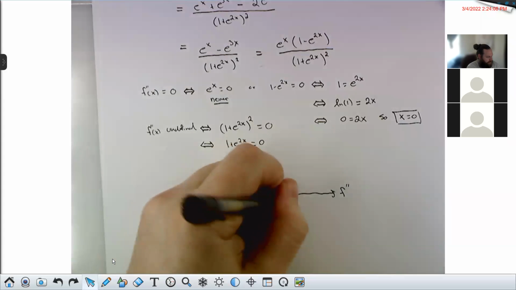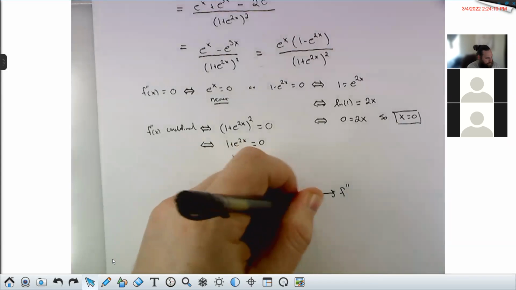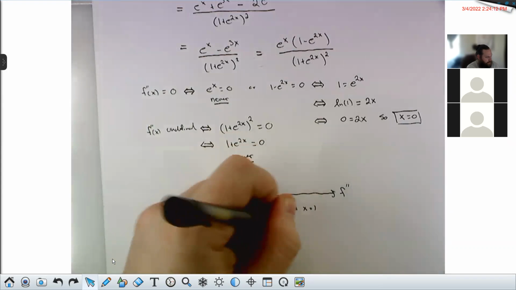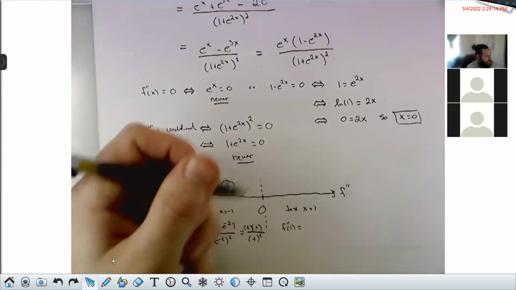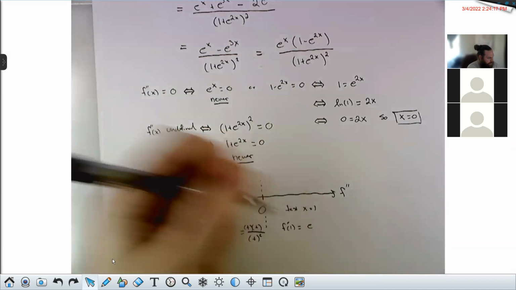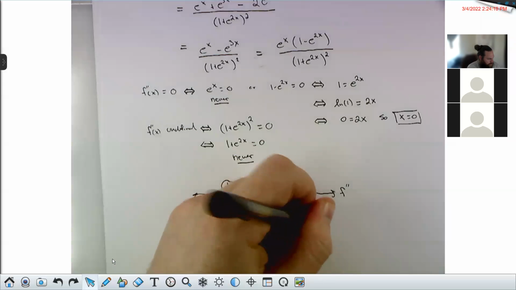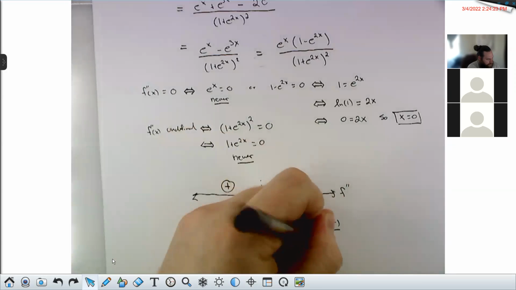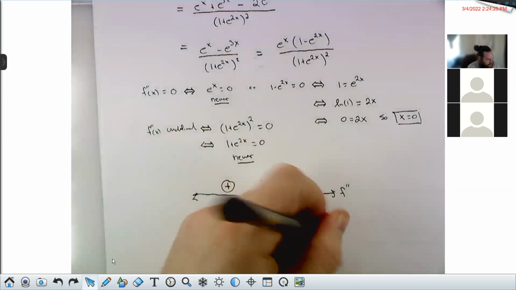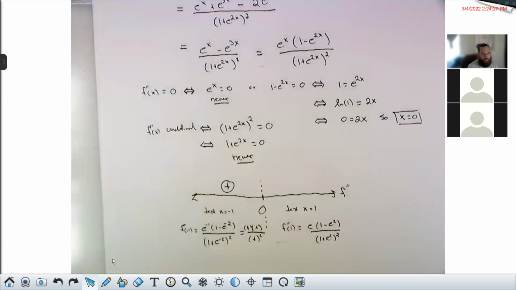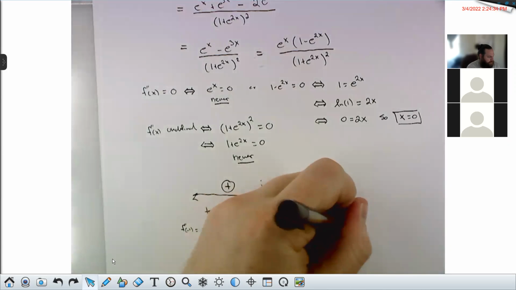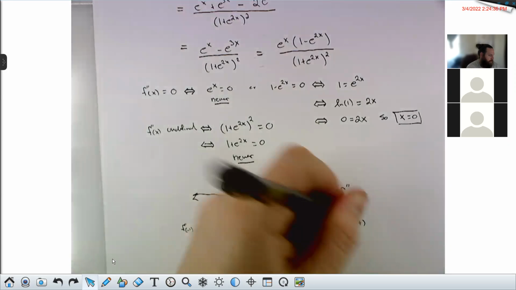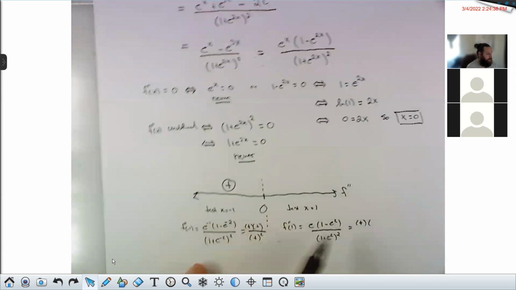If we test x equals 1 to the right, f double prime of 1 is going to be e times 1 minus e squared divided by 1 plus e squared all squared. E is certainly positive. 1 minus e squared, though, that's negative.